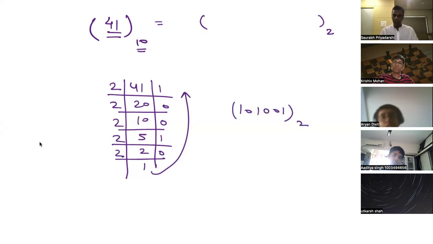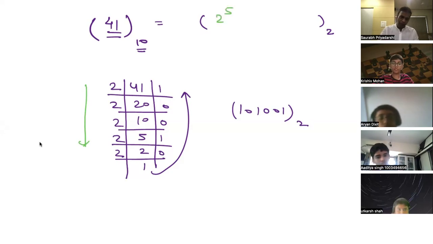But why write it like this, it is the kiddies' way to write every time. We know that 41 is nothing but 2 to the power 5, which is 32, plus 2 cube, which is 8, so 40, plus 1, which is 2 to the power 0.